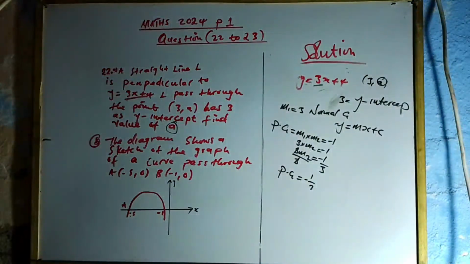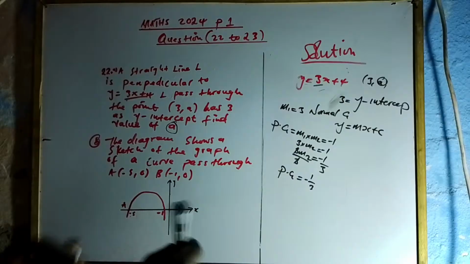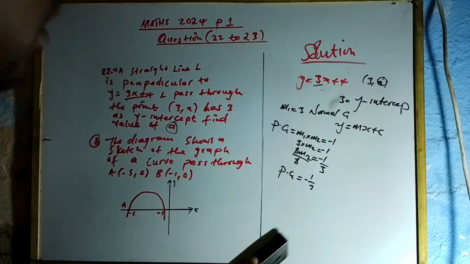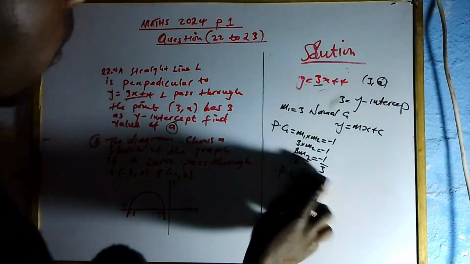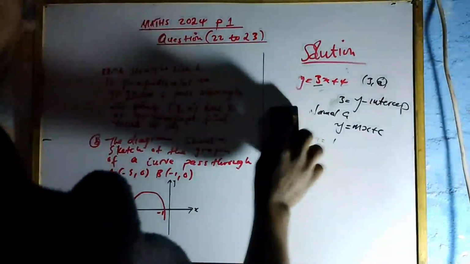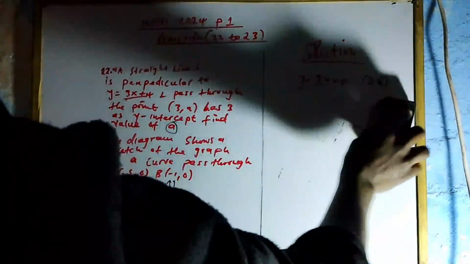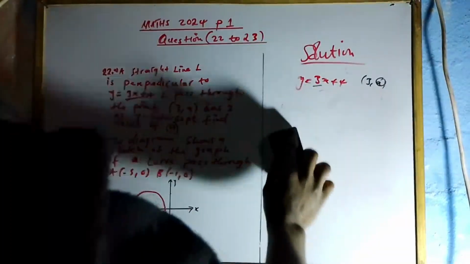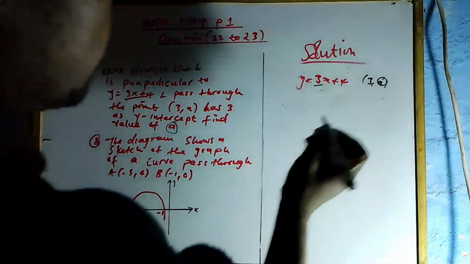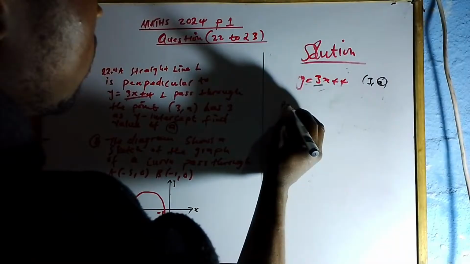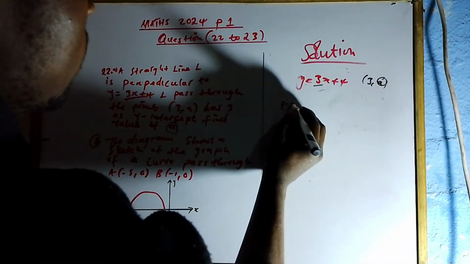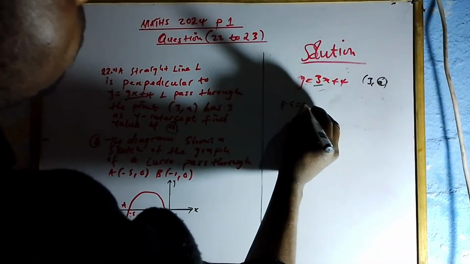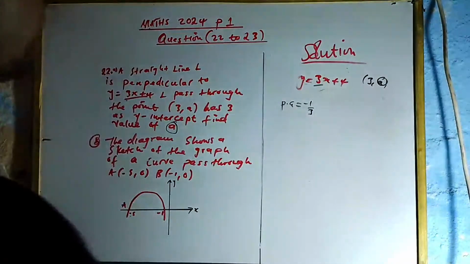Since we have found the perpendicular gradient, the perpendicular gradient is equal to minus 1 over 3.